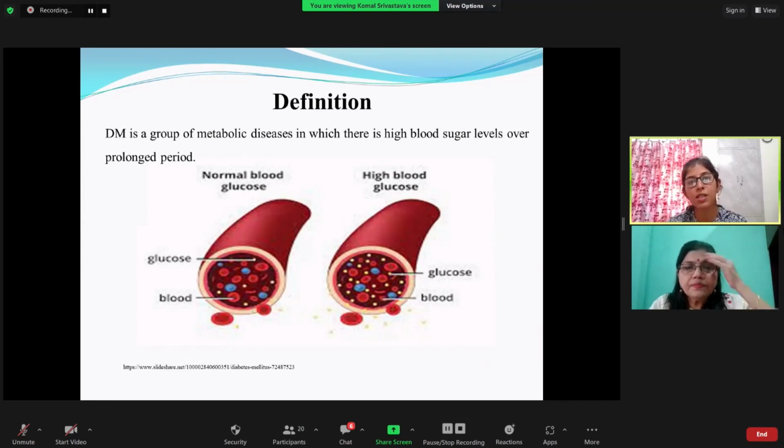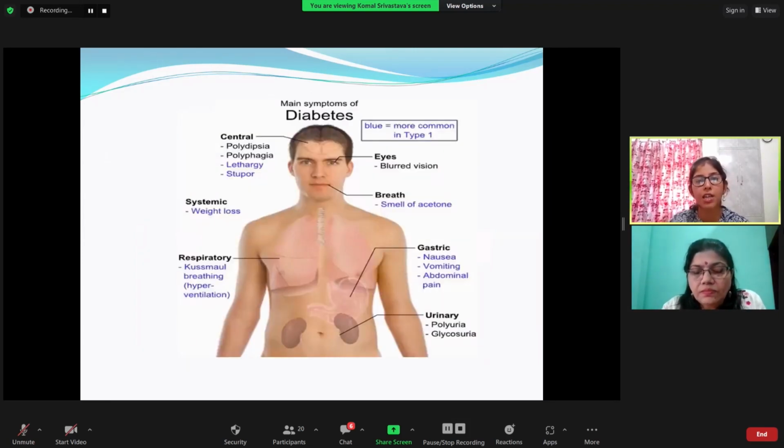It is a process with lots and lots of metabolic alterations happening in the body and disrupting the biochemical processes, which at one point of time, when the body gives up, results in something called hyperglycemia or high blood sugar levels. And then when tested, the patient or the person gets diagnosed with diabetes mellitus, that is, high sugar levels in the blood.